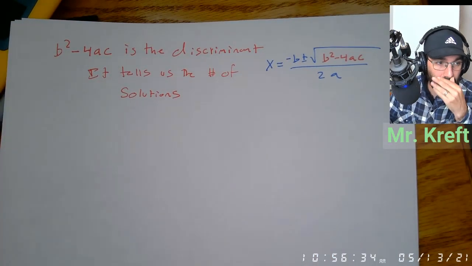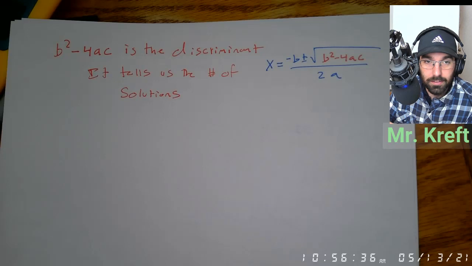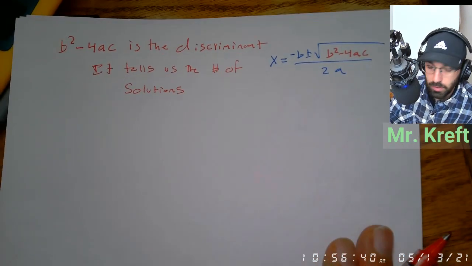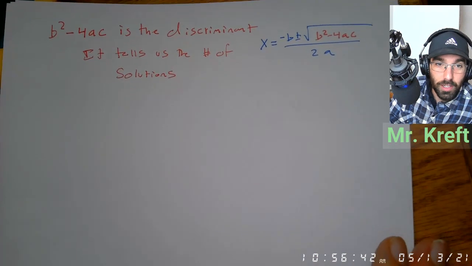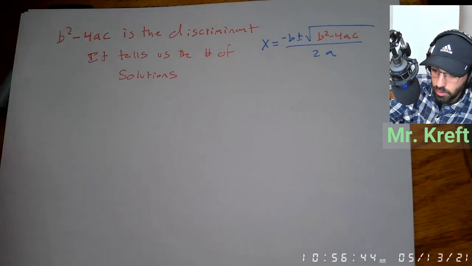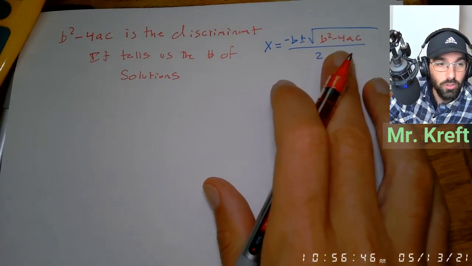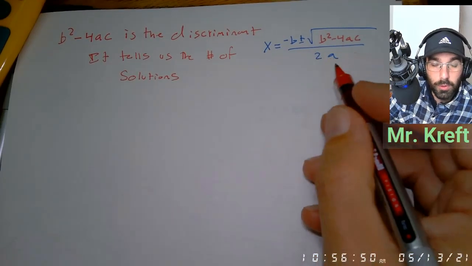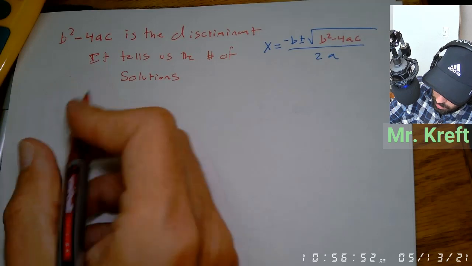Now we're going to show those graphs again, but also with this little number detail. It turns out, and this has to do with square roots, that to get two answers, the square root has to be a positive number.